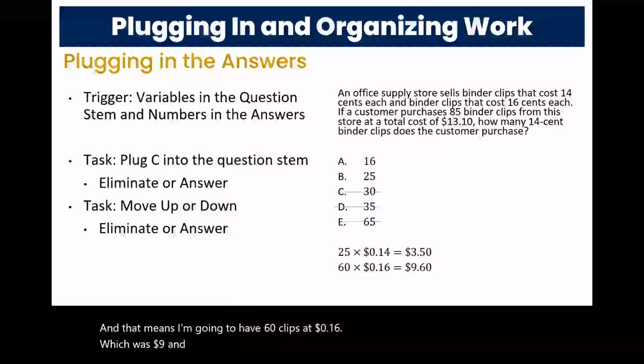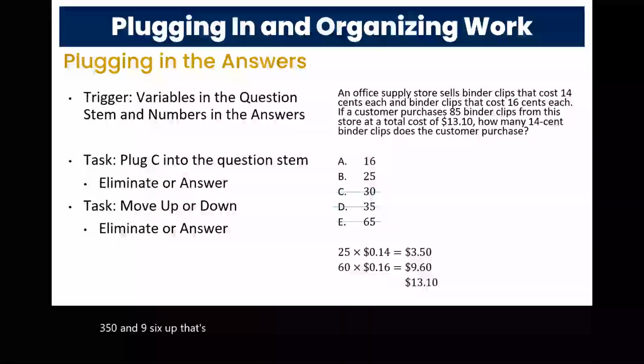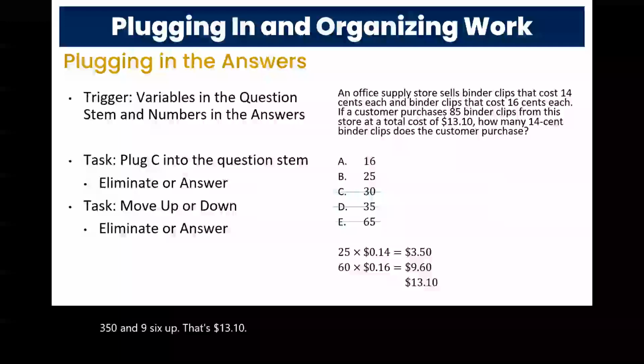So what does that add up to? $3.50 and 9.6, that's $13.10. Does that match our question? Yep. So my answer must be answer choice B. And there we go.